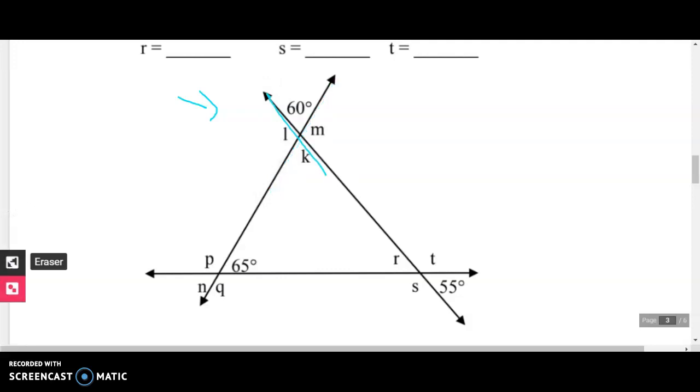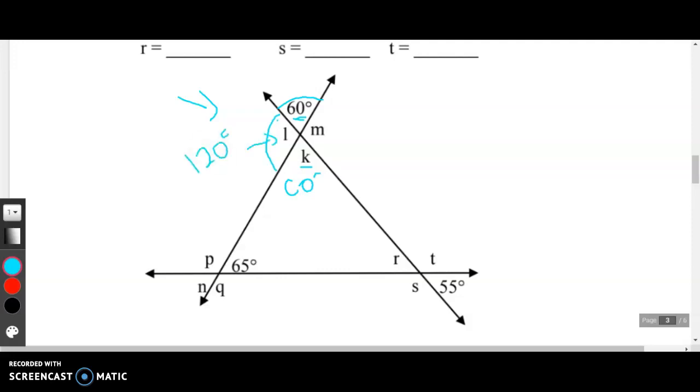So I know that the vertical angles are congruent, they're the same, and the adjacent angles are supplementary. So if this is 60, then K must also be 60 degrees. And if this is 60, then this angle plus this angle must equal 180, so L must be 120. And if L is 120, since M is the vertical angle of that, M is also 120 degrees.